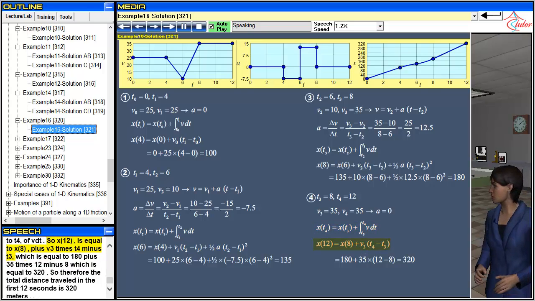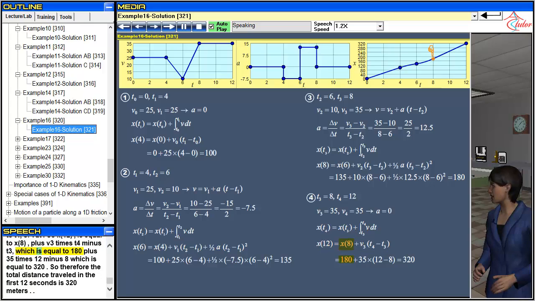So x at time 12 is equal to x at time 8 plus v3 times (t4 minus t3), which is equal to 180 plus 35 times (12 minus 8), which is equal to 320. So the total distance traveled in the first 12 seconds is 320 meters.